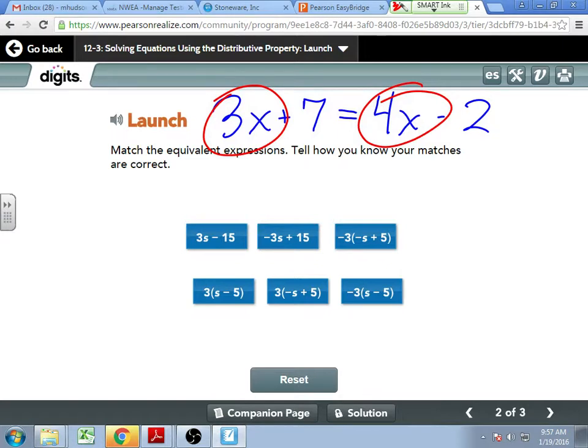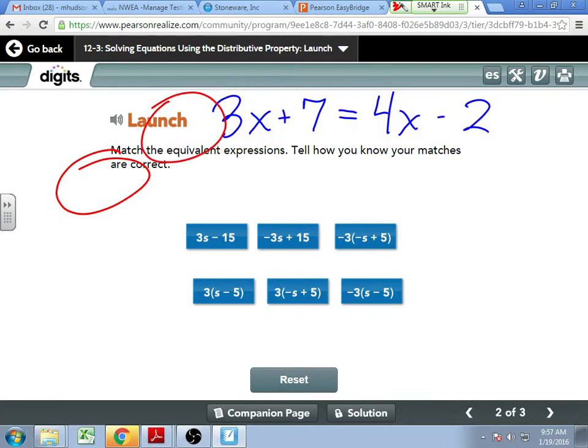Do you add 4x to both sides? No. We want to get all of my variables on one side, all of my constants on the other side. So, I look at where my bigger variable is, and I choose that for my variable side. That's just how I work.